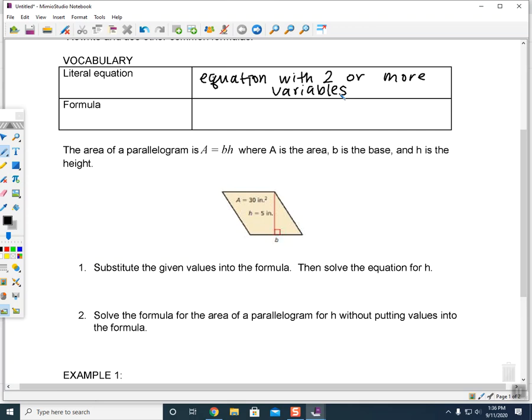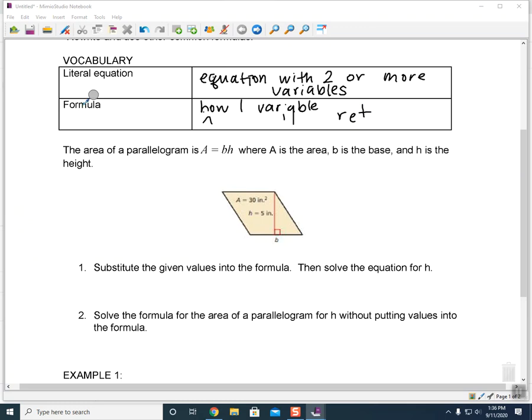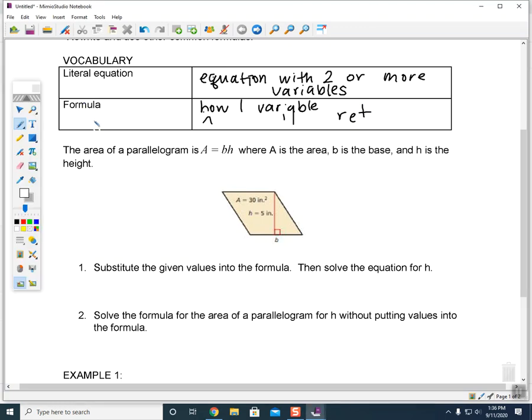So a formula is how one variable relates to the others.